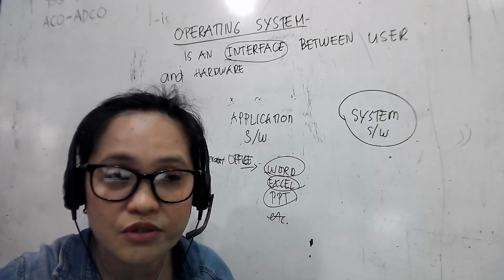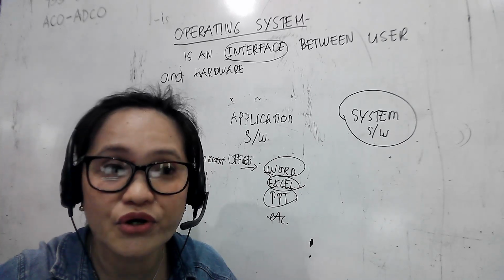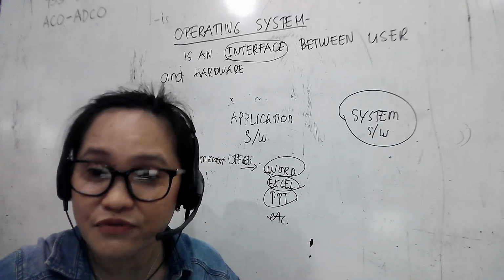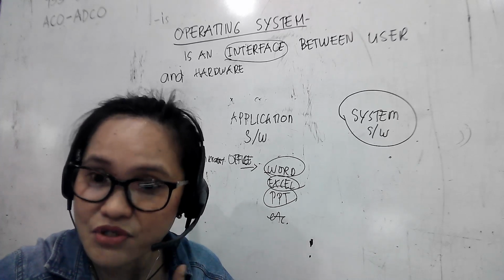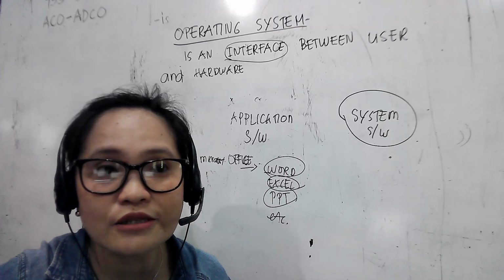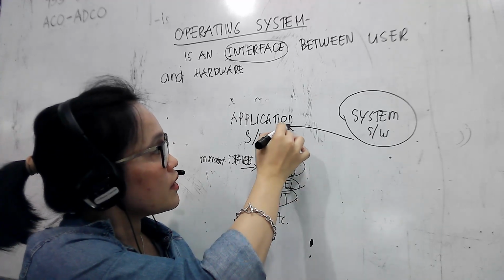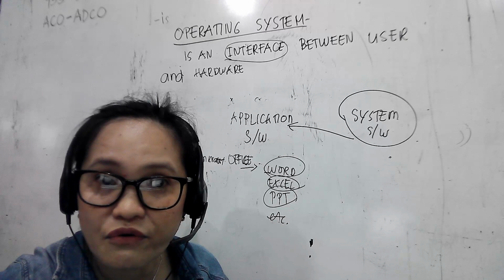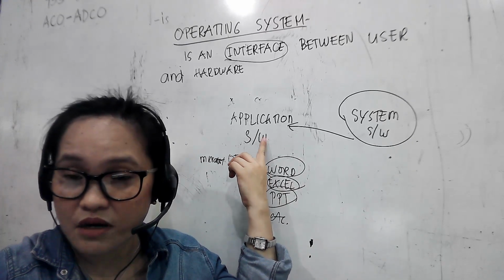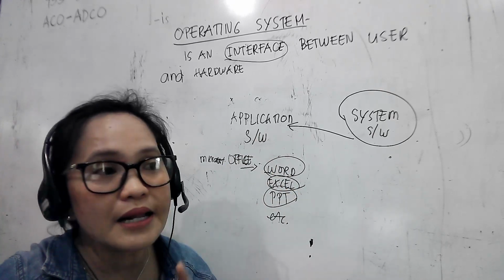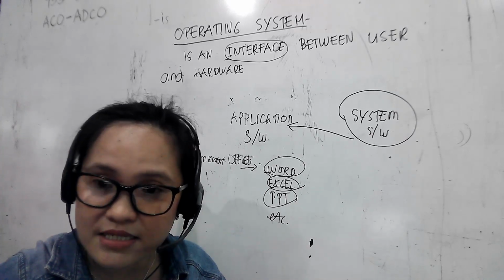It helps convert what the user wants to do with that certain hardware, and it provides the application software a platform to run in the system. It provides a platform for applications to run, so it helps the application software perform those specific tasks.